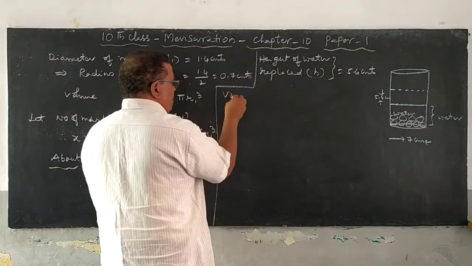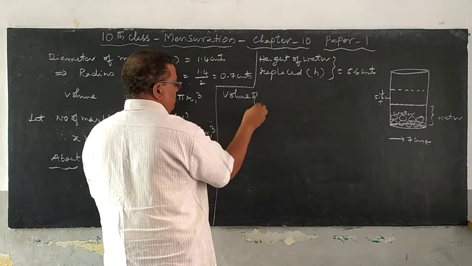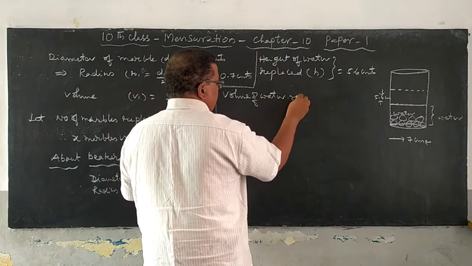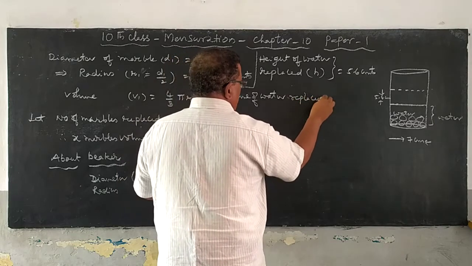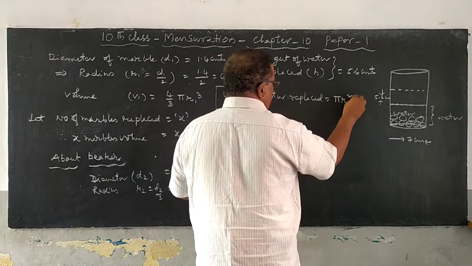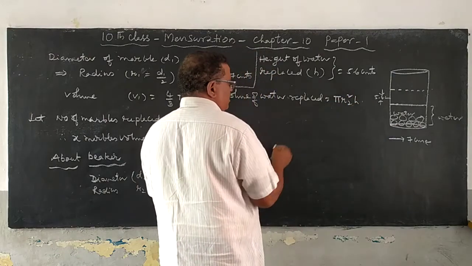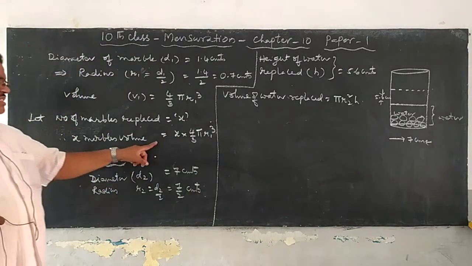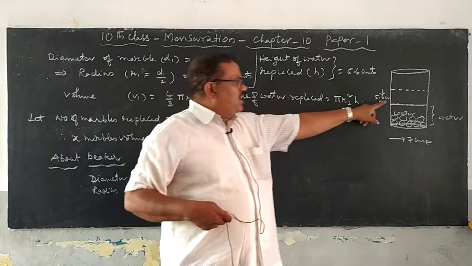Therefore the volume of water replaced is equal to the formula pi R2 square h. So according to the problem, the volume of x marbles is equal to the volume of water replaced.